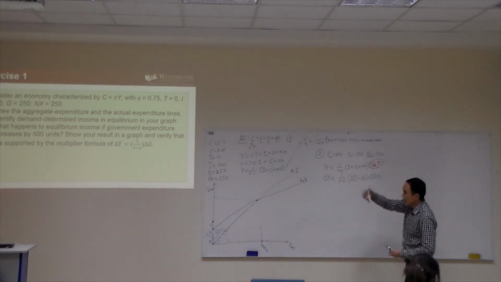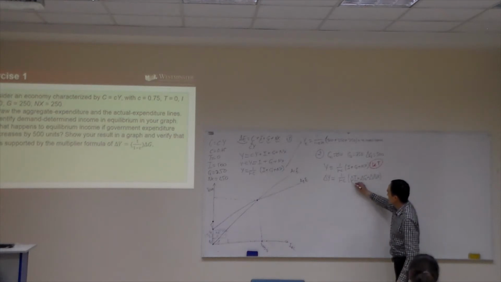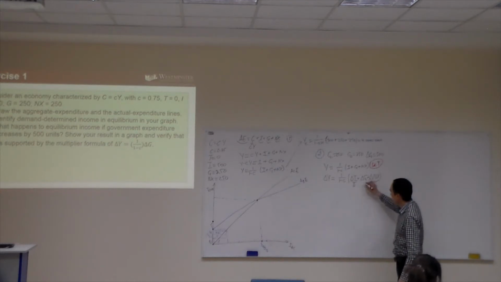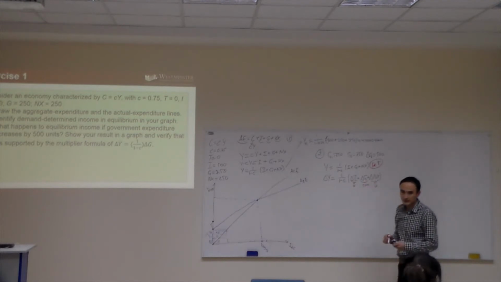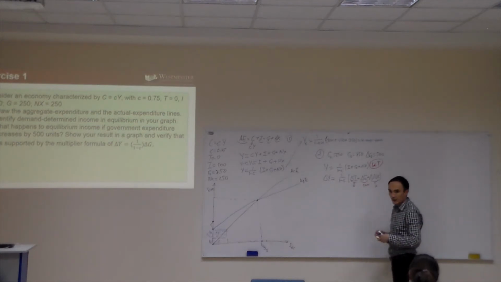So what did the government do here? Did it change investment? No, there is no change in investment. And there is no change in net export. But there is a change in government spending, which is 500. Yes, the government increased it. And how does this increase affect income?